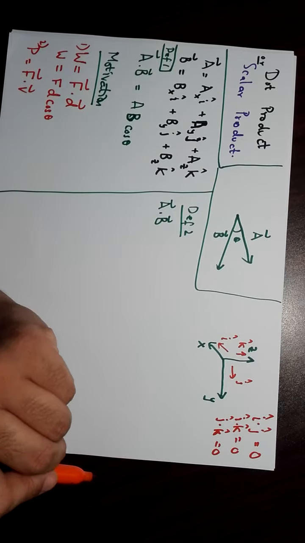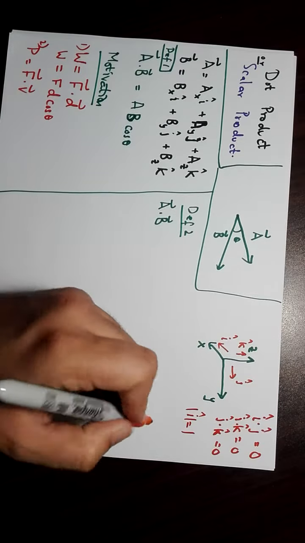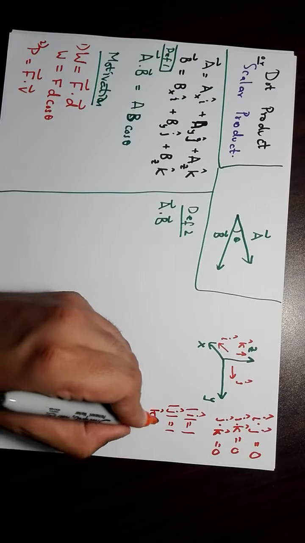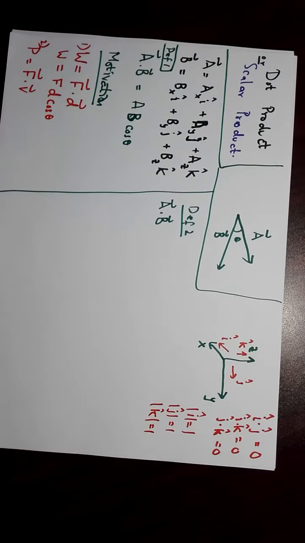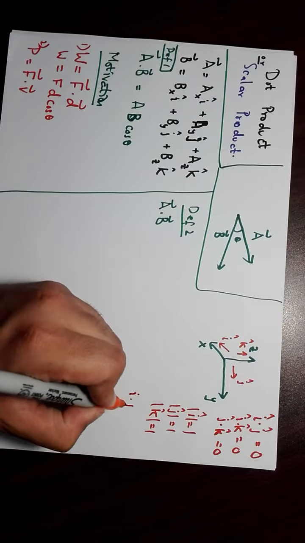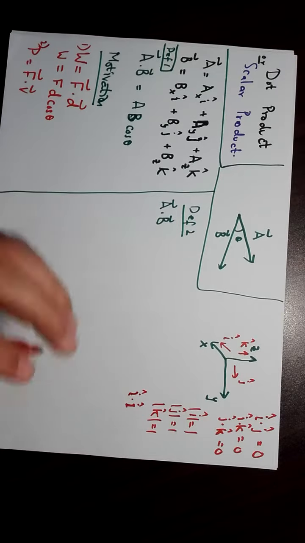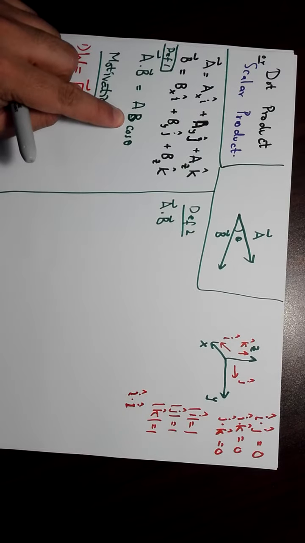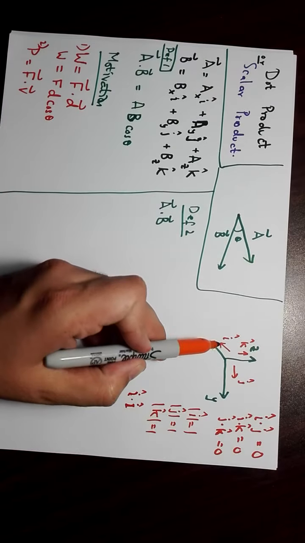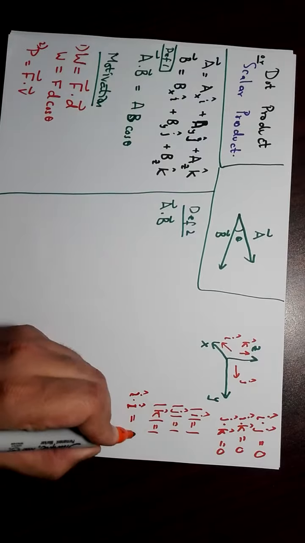So i hat is equal to 1, j hat is equal to 1, and k hat is equal to 1. If you take the dot product of i hat with itself, you get the magnitude of i hat times the magnitude of i hat times the cosine of the angle. The angle is 0, so you get just 1.